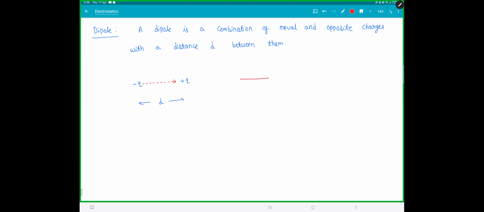we represent this with a p bar, which is given by the charge, any one of the charges, into the vector d bar. So this p bar is what we call the dipole moment. And d bar is a vector from the negative charge to the positive charge.